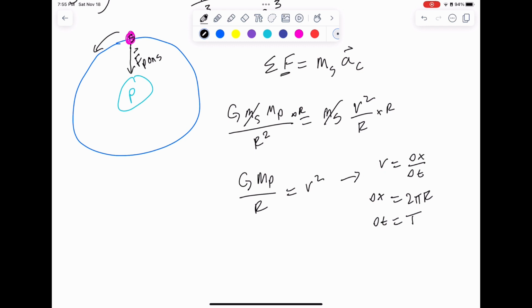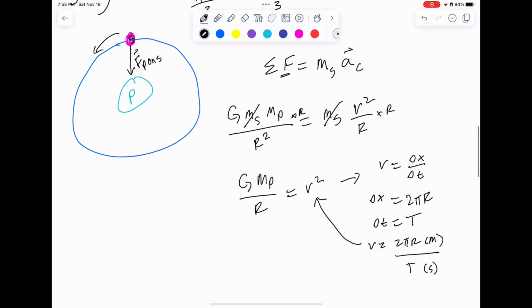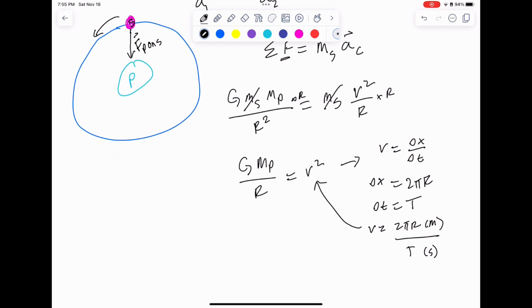So velocity is equal to 2 pi r, measured in meters, over our period, which is measured in seconds. And then we get the correct units of meters per second for our speed. So now if I sub this back in, I get G, mass of the planet, over r is equal to 2 pi r over period, all squared.